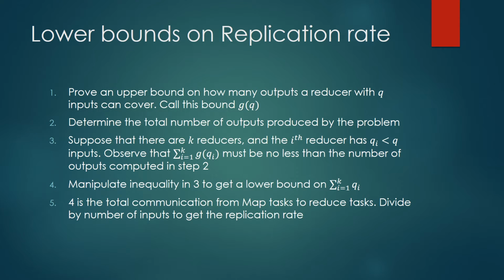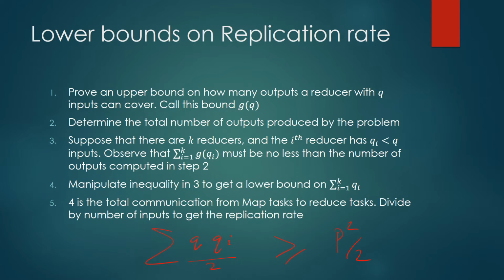Anyway, let's do this again. So we had Qi. Now I'm just saying that I know that the max of Qi over all my reducers is Q. So if I replace one of these by Q, then this inequality is not violated, right?